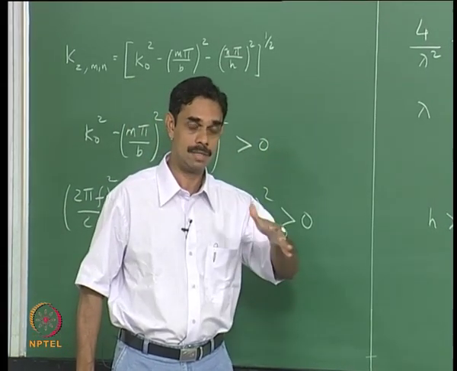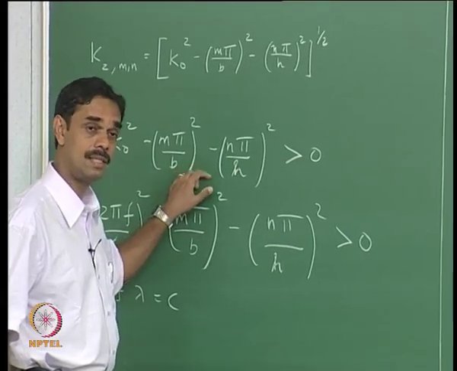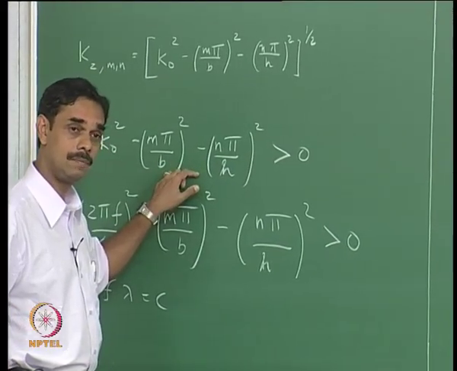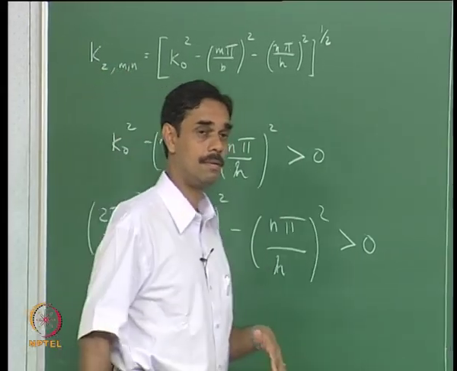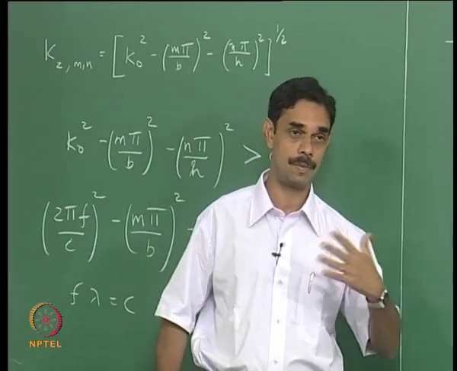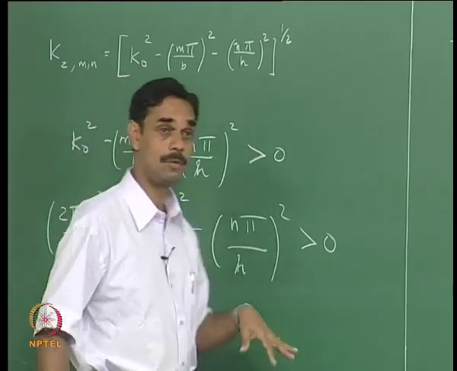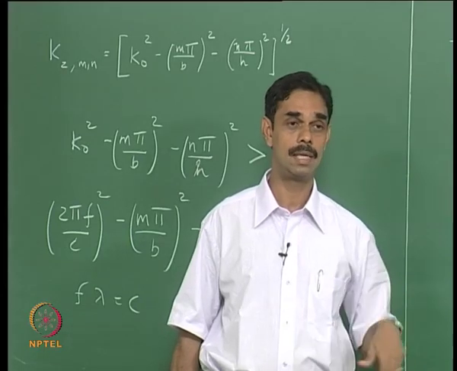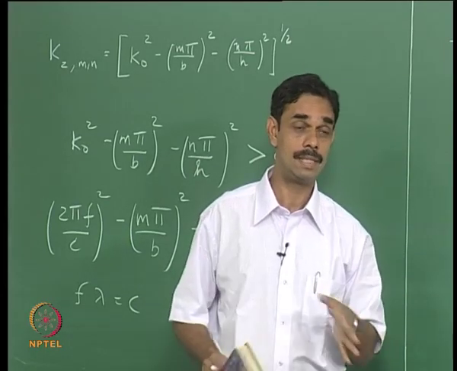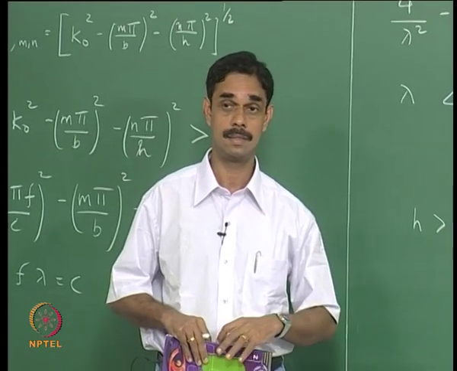They have an inverse relationship, and only if this relation is satisfied will you get a real value of kz, which makes it possible to have propagating waves. Otherwise kz would be imaginary and you will have an attenuated solution. So locally you can establish the higher modes, but they won't stay in the duct for long distances. Is it clear?